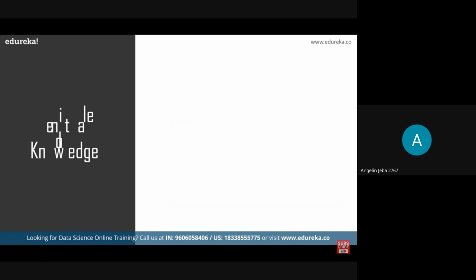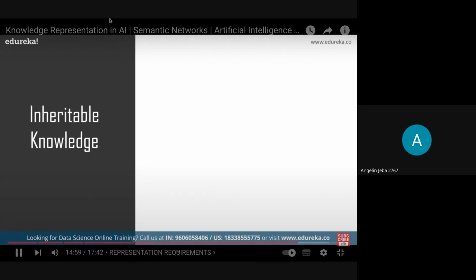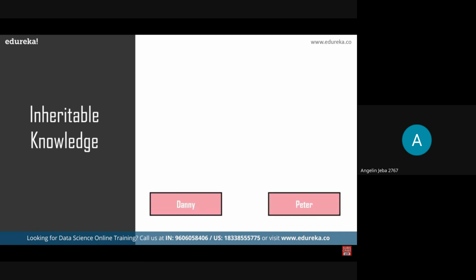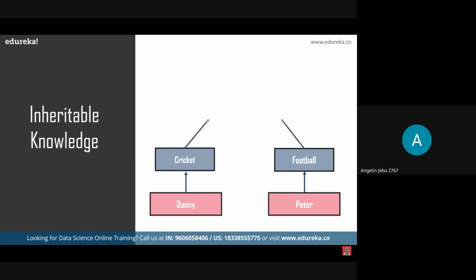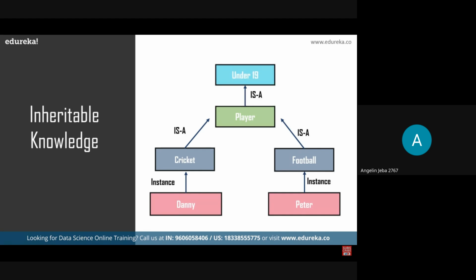Moving on to the next approach, we have the inheritable knowledge. Now, in the inheritable knowledge approach, all data must be stored into a hierarchy of classes and should be arranged in a generalized form or a hierarchical manner. Also, this approach contains inheritable knowledge, which shows a relation between instance and class, and it is called the instance relation. Now, in this approach, objects and values are represented in boxed nodes.